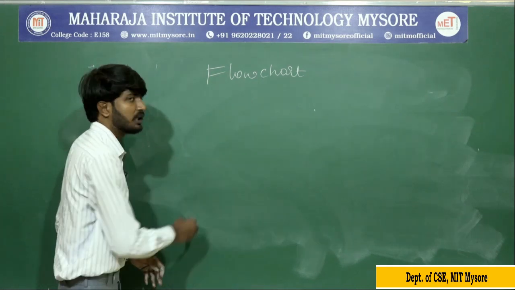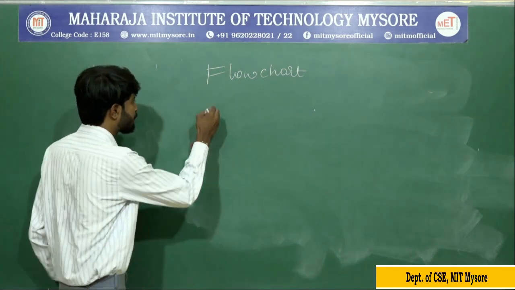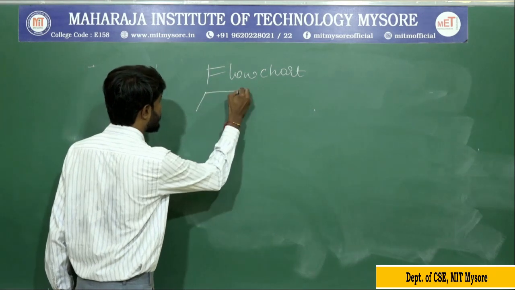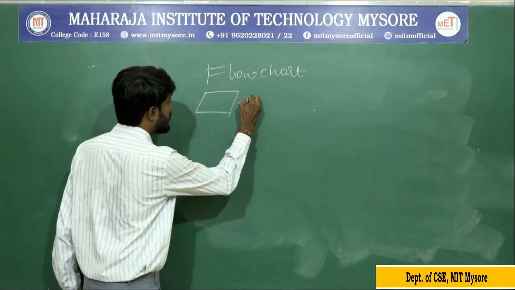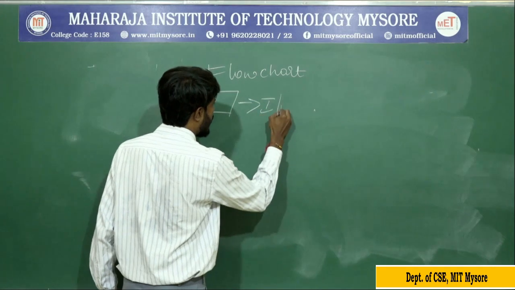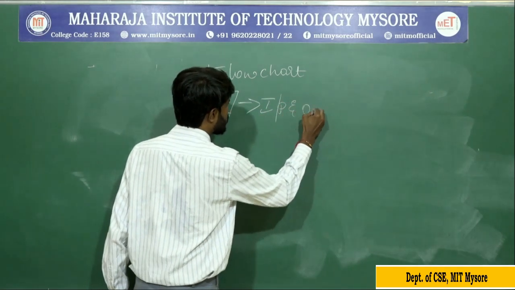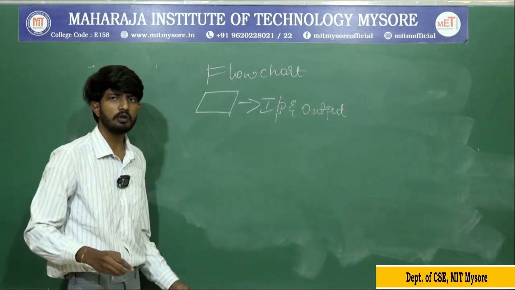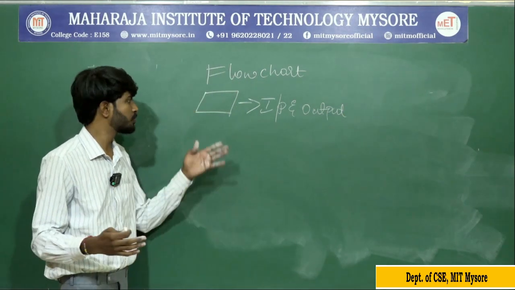So the symbols are: this one is for input and output. This symbol is used to give the inputs or the outputs.